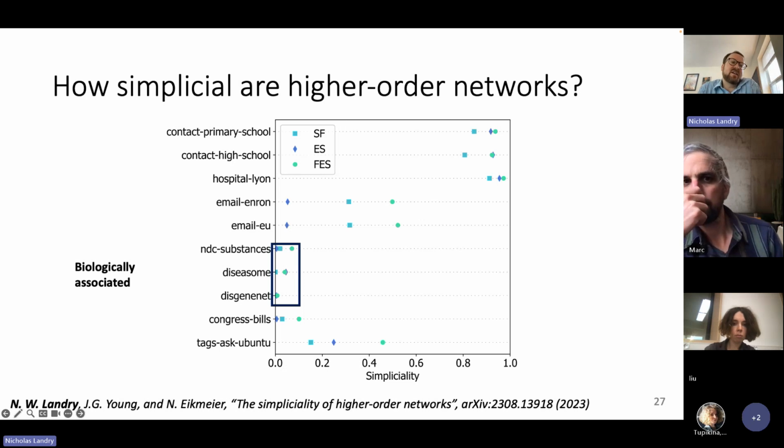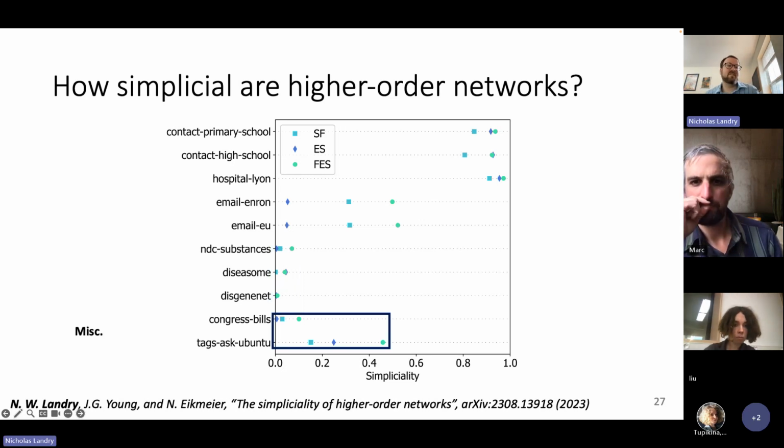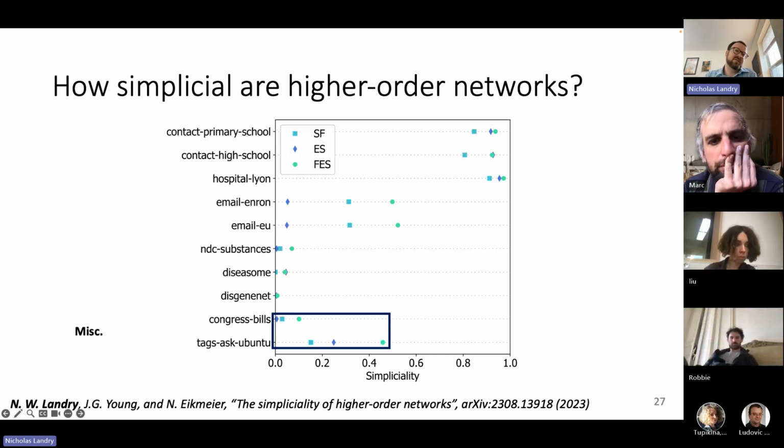For the biologically associated data sets, they turn out to not be so simplicial. This may be due to density or other pathologies of those particular data sets. And then lastly, if I look at the miscellaneous data sets, maybe Congress bills acts a little bit more like these biologically associated data sets, very not simplicial as much.